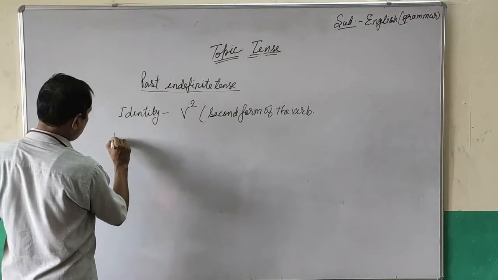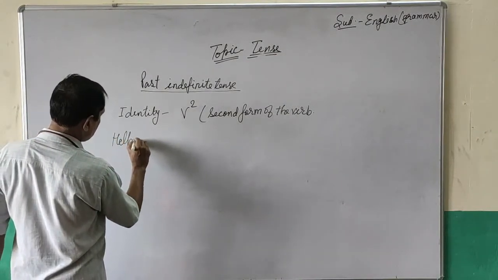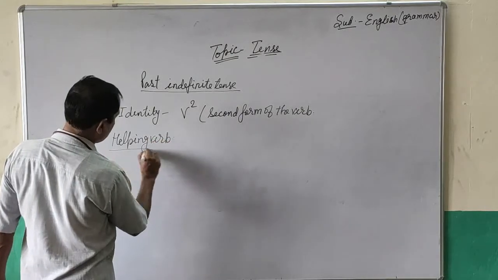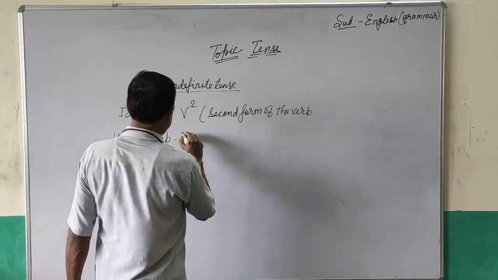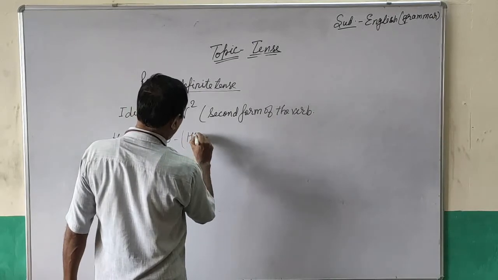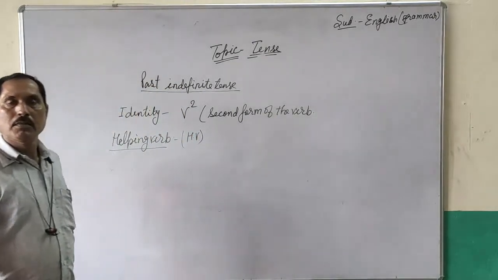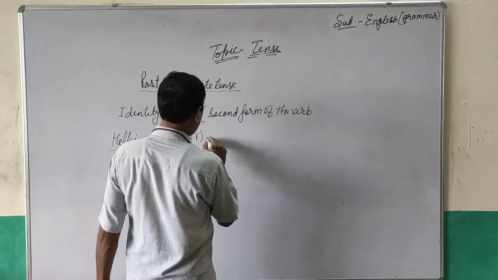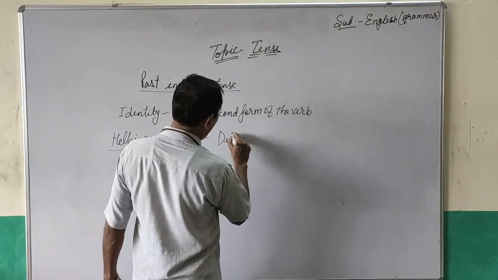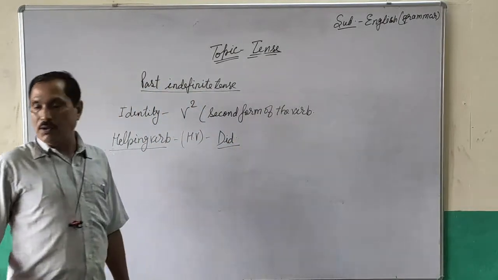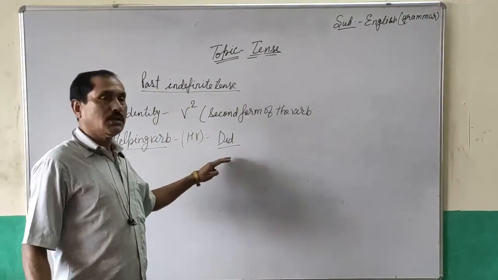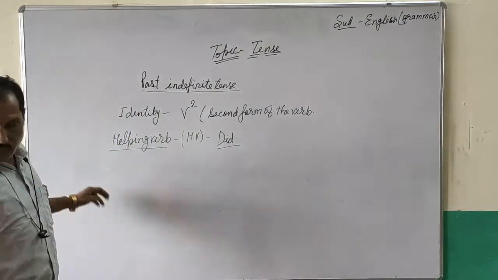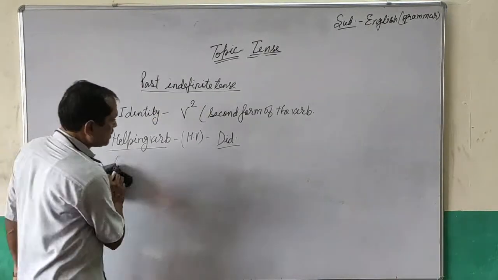Helping verb, in short, we write HB. In both singular and plural number we use did.